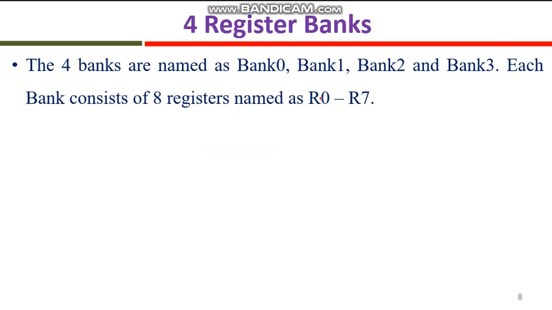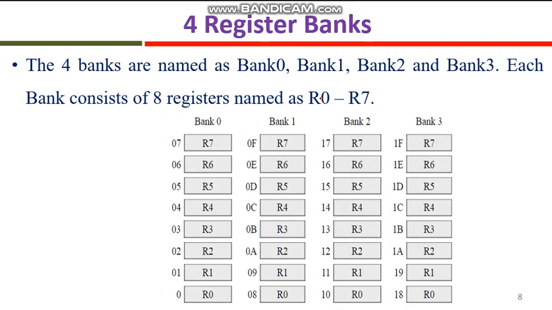The banks are named bank 0, bank 1, bank 2, and bank 3, and each bank consists of 8 registers named R0 to R7. So we can say bank 0 with names R0 to R7, bank 1 with names R0 to R7, same with bank 2, bank 3, but they have different addresses.